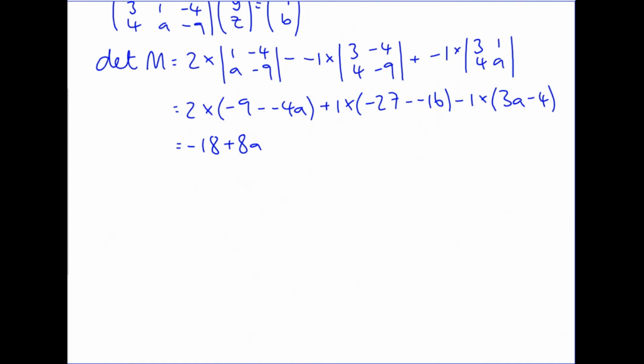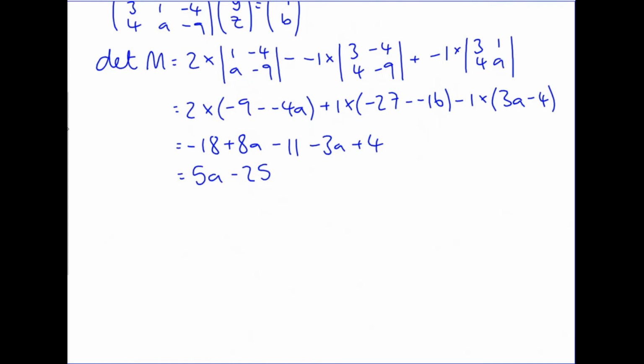Minus 27 plus 16 gives me minus 11. And minus 3A plus 4. Tidy this up so I get 5A minus 20. So this is the determinant of M in terms of A.